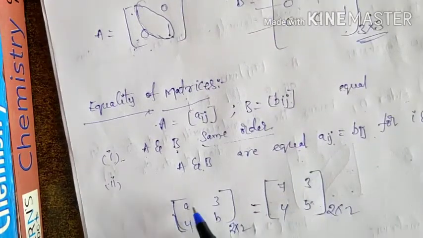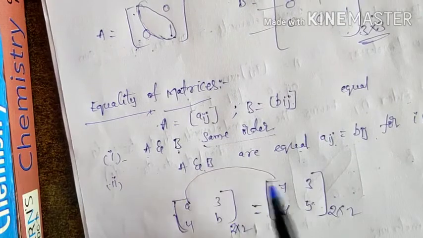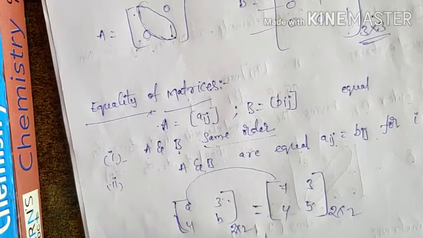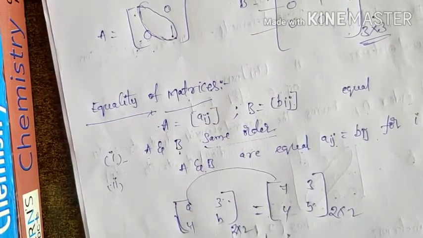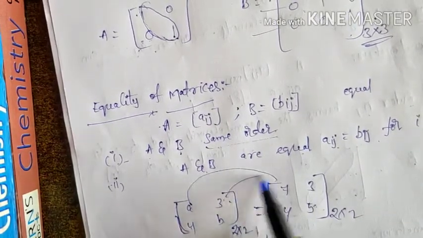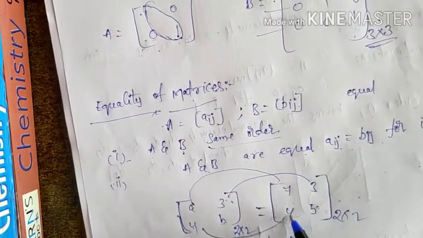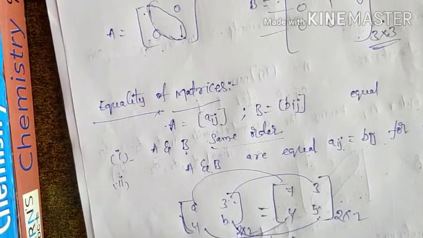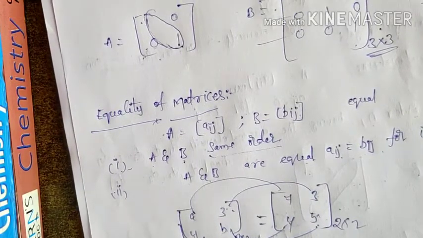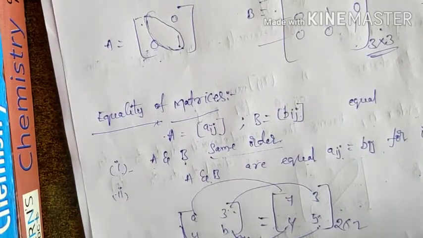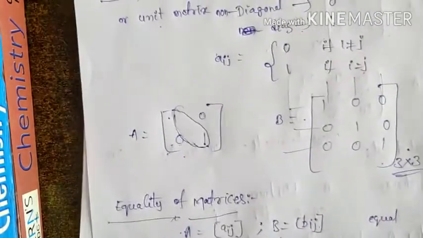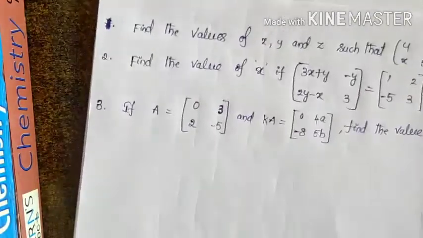So 3 is equal to 3, this element is equal to this one, and 4 is equal to 4, and 5 is equal to 5, right? In this way you have to equate the values of the matrices.